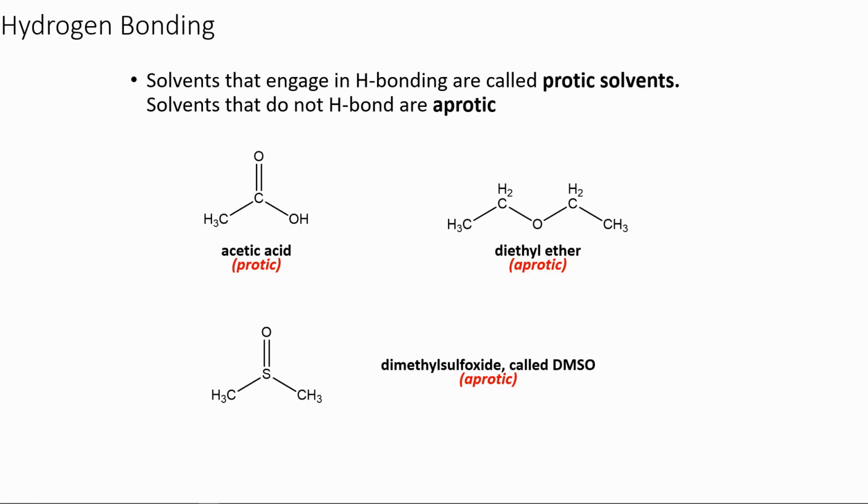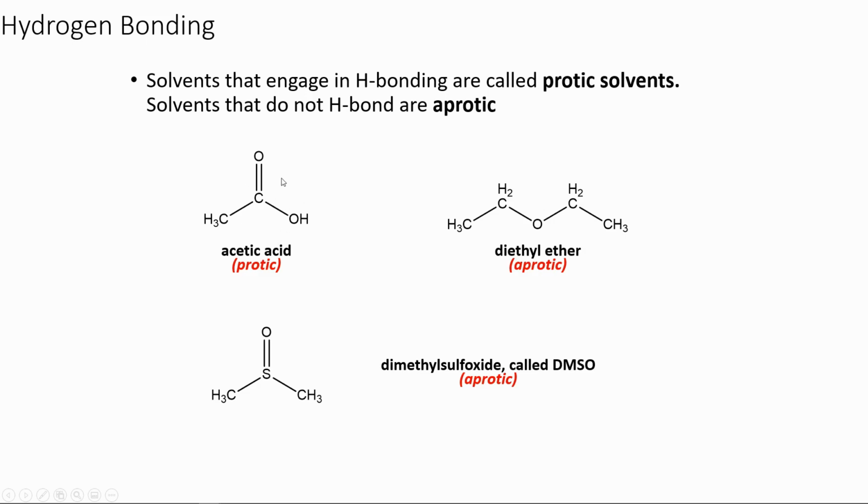So let's talk about solvents again. Solvents are going to be a really important factor in a lot of the reactions that we learn, and we're going to have to be able to attenuate the properties of the solvent we want based on the characteristics that we desire. Solvents that have the ability to do hydrogen bonding, meaning they have a hydrogen attached to an electronegative atom, are called protic solvents.